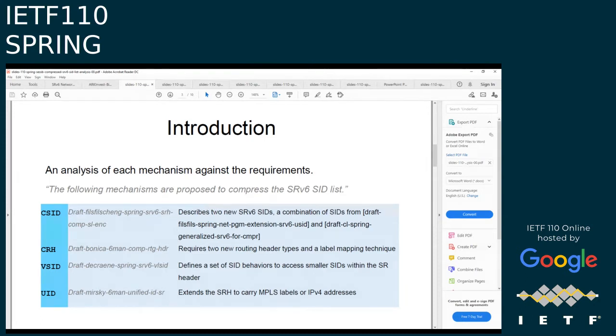So this draft will provide some analysis of proposed approaches to compressing segment routing information for use in IPv6. Here is a brief introduction of the analysis draft.